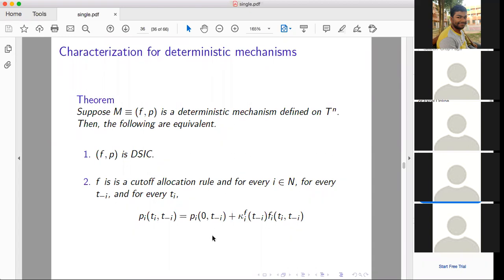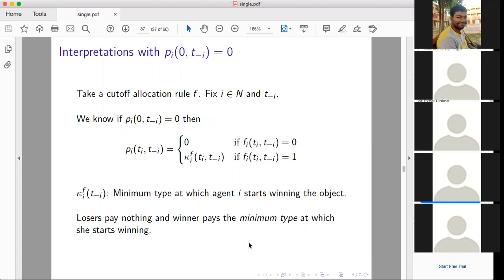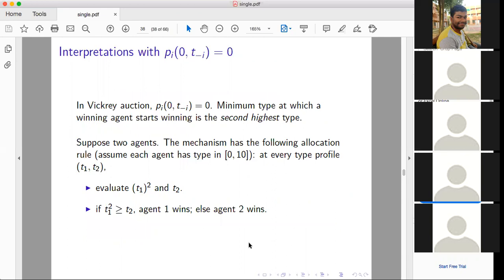And the payment of the winner is p_i(0, t minus i) plus this cutoff amount, which is the least type at which the agent starts winning the object. The simplest illustration of this is when p_i(0, t minus i) is equal to 0. In that case, the payment of the loser is 0, and the payment of the winner is the cutoff point. Okay, so that's where we were last time.